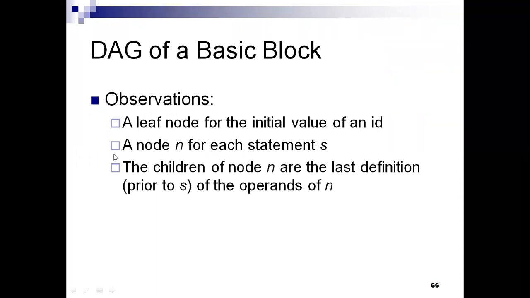And after construction of this DAG on the basic blocks, the observations that we made here are: a leaf node for the initial value of an ID. Leaves should be IDs or variables or constants, whatever it may be. A node n for each statement s, where s is a line statement. So we need to construct a node n for each statement. And then the children of node n are the last definition prior to s of the operands of n.